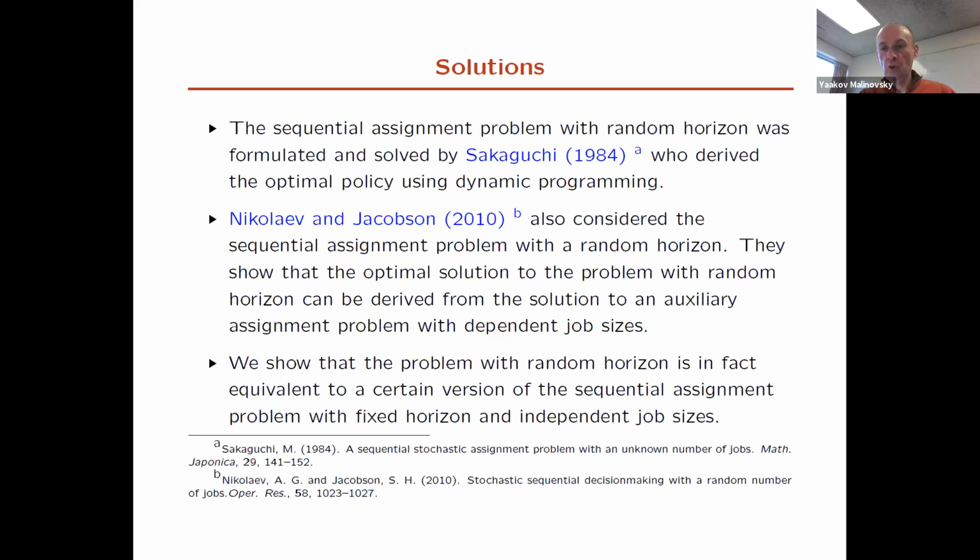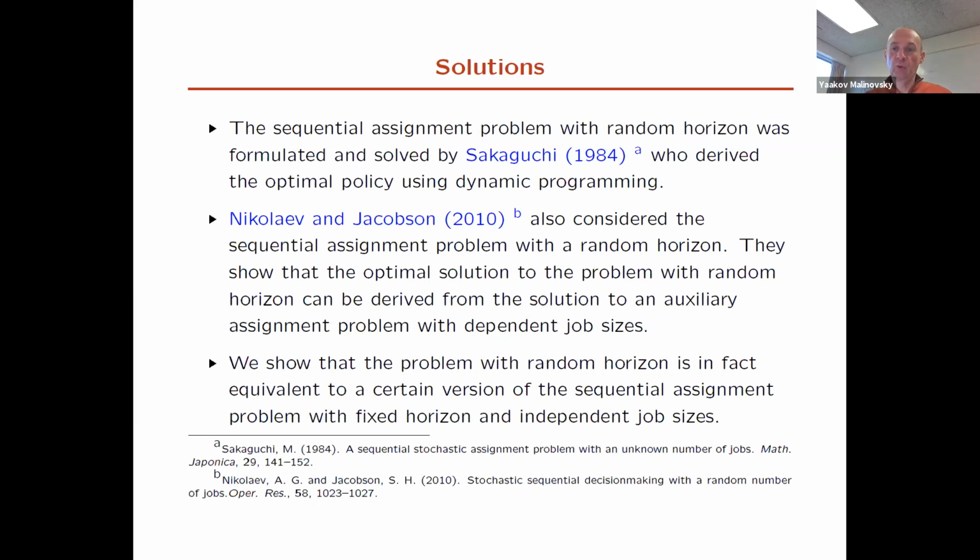What we show is that the problem with random horizon can be reformulated as a problem with a fixed horizon up to N max, where the maximum value of the horizon exactly equals the maximum value of the support, for finite support.